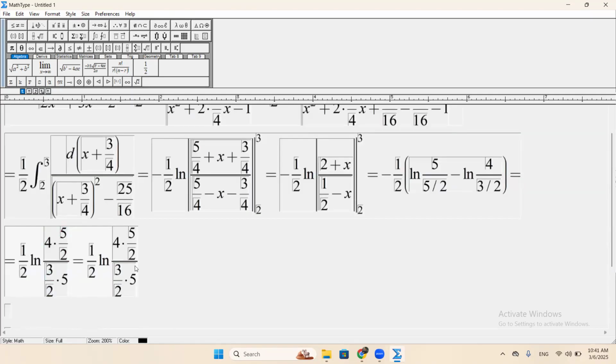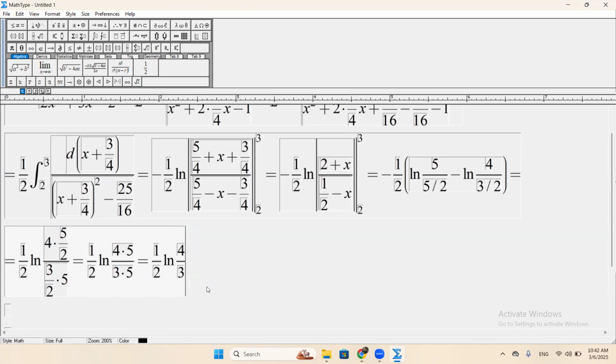The 2 goes away, and the 5 as well goes away, but let's write it in the next iteration. So 1 half logarithm of 4 over 3. Now it's not such a huge expression. Any questions about this exercise?